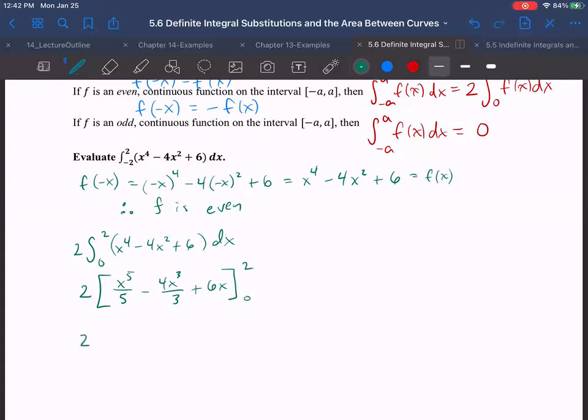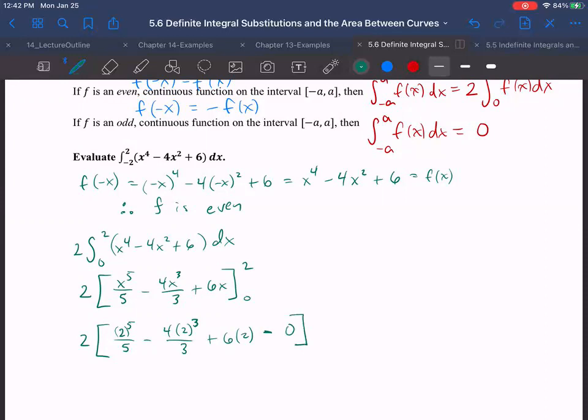So this becomes 2 times, and then we're going to have x to the 5th, so 2 to the 5th over 5 minus 4 times 2 to the 3rd over 3 plus 6 times 2, and then minus 0.